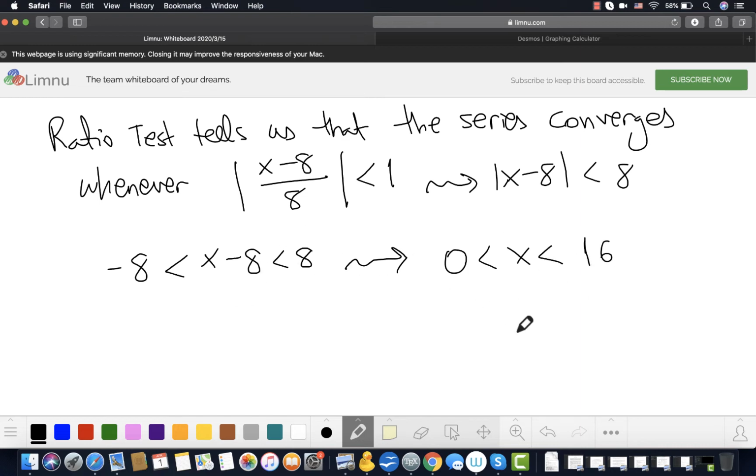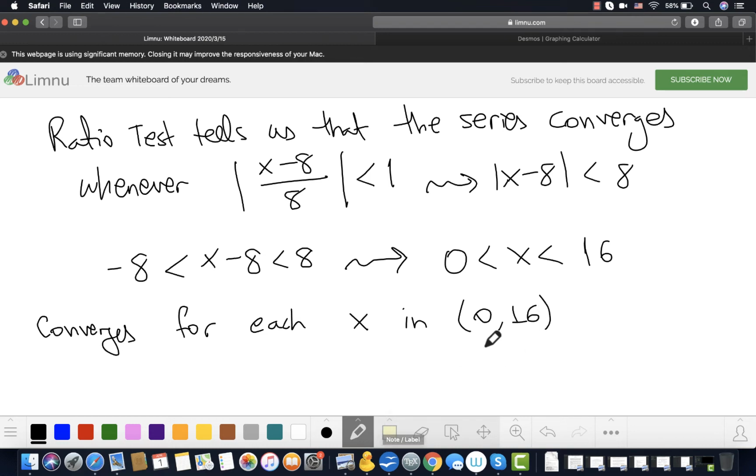Going from here to here, we just added 8 to every side of the inequality. So the Taylor series converges for each x in the interval 0 to 16. This is the interval of convergence, but endpoints need to be checked as well.